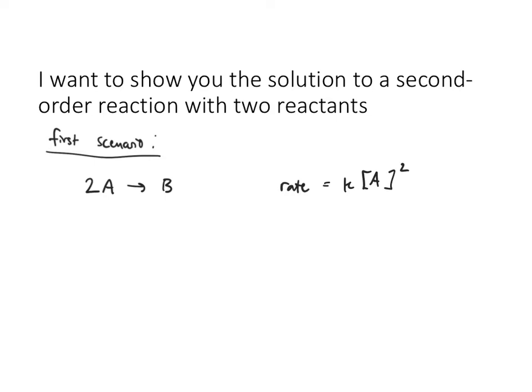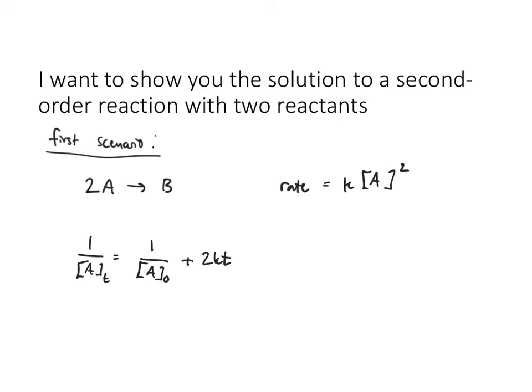So I'm going to give you the solution to this differential equation straight off the bat. 1 over the concentration of A at some later time is equal to 1 over the starting concentration of A plus 2kt. So we already saw the solution for the first order rate law.